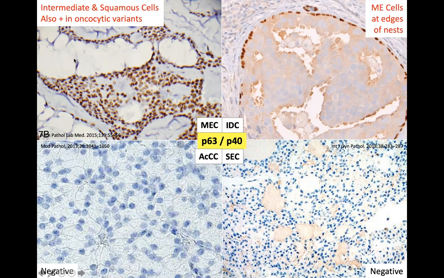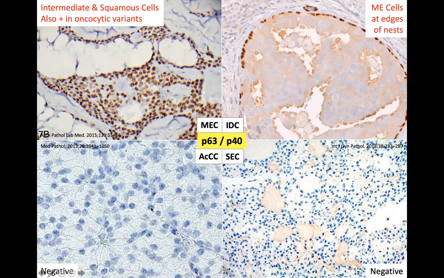You can see them here with the pale cytoplasm, but every single other cell is positive. In the intraductal carcinoma, it is what it says it is. It is essentially a carcinoma in situ that is proliferating within a duct. So your myoepithelial or basal cells are only going to be present at the periphery, just like in a DCIS of breast or something, okay?